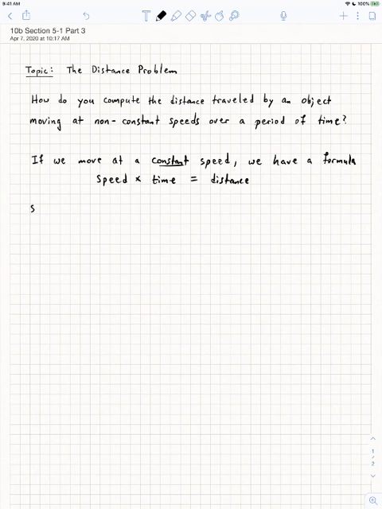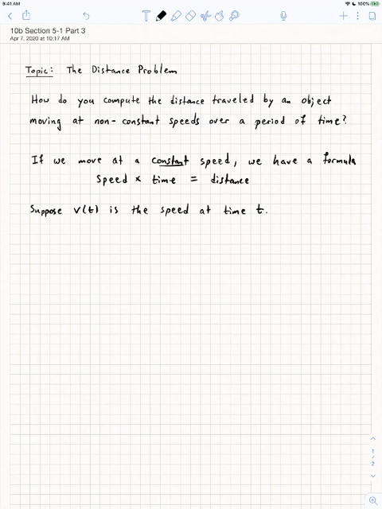So suppose we have a function v, and suppose v of t is the speed, or the instantaneous speed, at time t. Let's say that we're starting at some time and we're ending at some time.